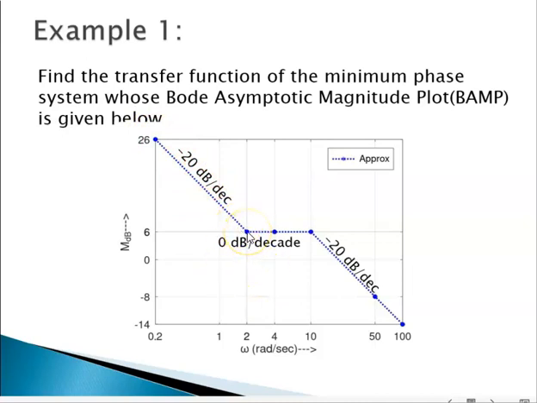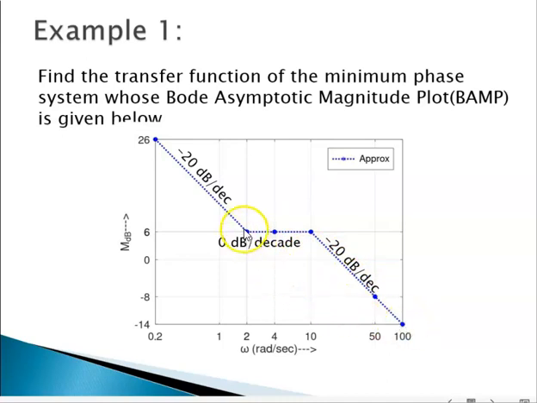You have a corner frequency here and a corner frequency here. This corner frequency is 2 and the slope change is from minus 20 dB per decade to 0 dB per decade. So there is a net increase in the slope. Similarly, the other corner frequency is 10. At this frequency it fell from 0 dB per decade to minus 20 dB per decade.